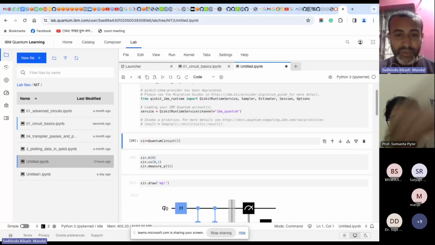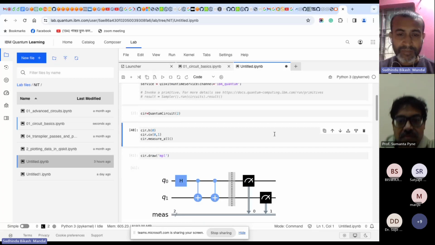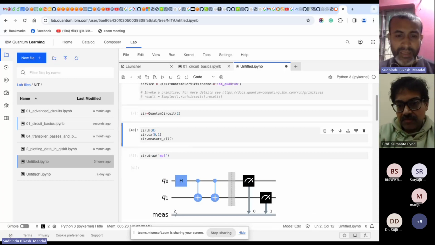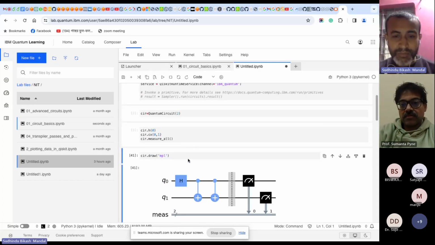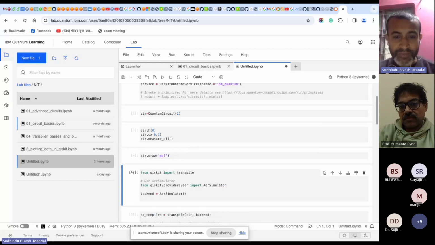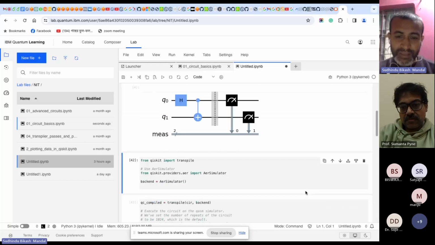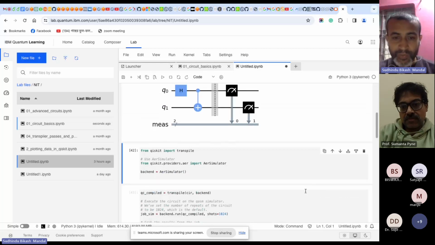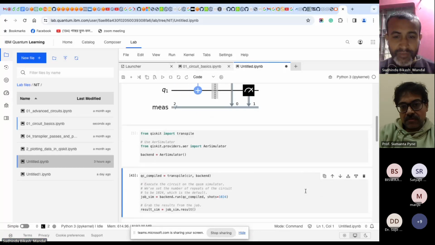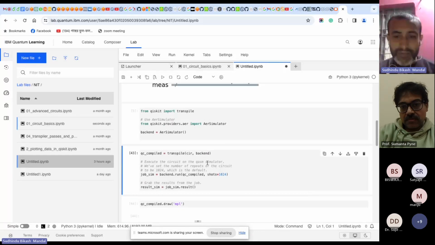So I'm creating a 2-qubit circuit, right? And I want to create a very simple circuit. This is called a normal Bell-state circuit, and I'm going to execute it in the Aer simulator. Here we can also put an optimization level.